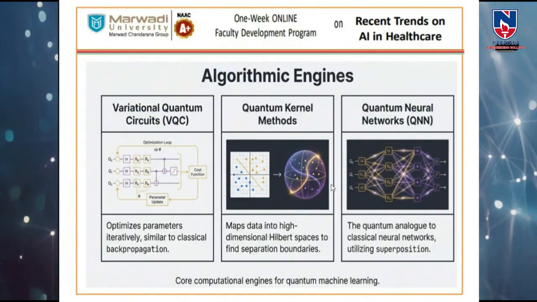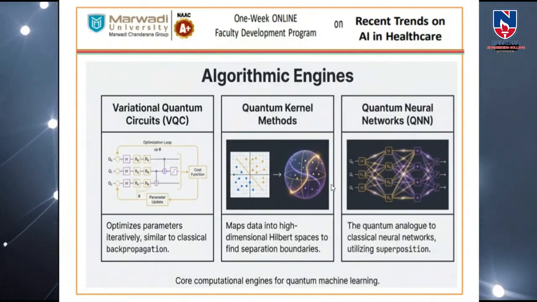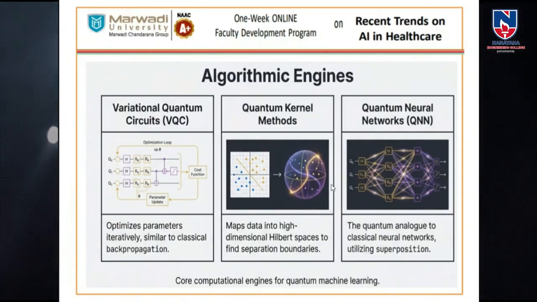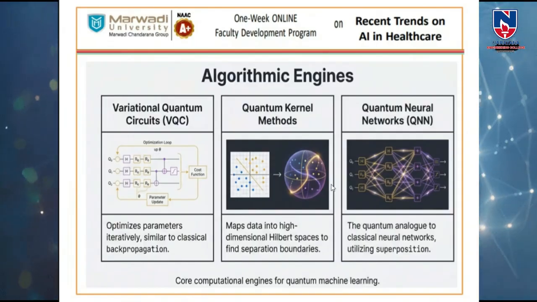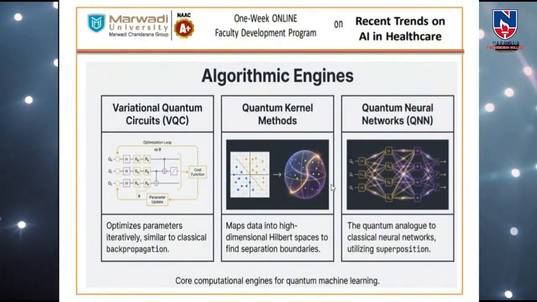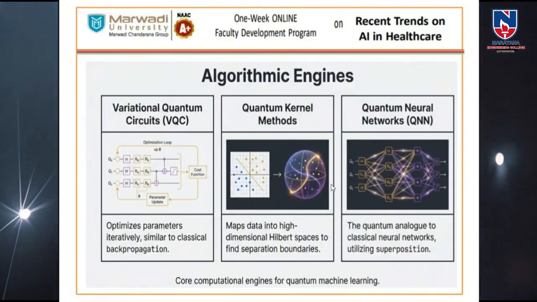Lastly, quantum neural networks. These are the quantum analogues of classical networks. Here you utilize superposition and entanglement to process information while still evaluating.